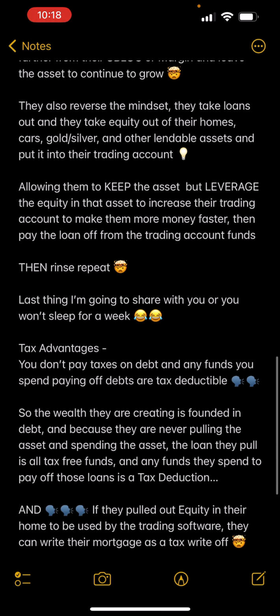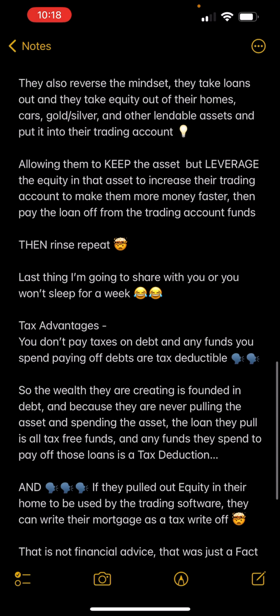Now, they also reverse that mindset. They take out loans and they take out equity of their homes, cars, gold and silver, and other lendable assets and put it into their trading account, allowing them to keep the asset but leverage the equity in that asset to increase their trading account size to make them more money faster than simply paying off the loan from the trading account's funds that are coming in passively for them.